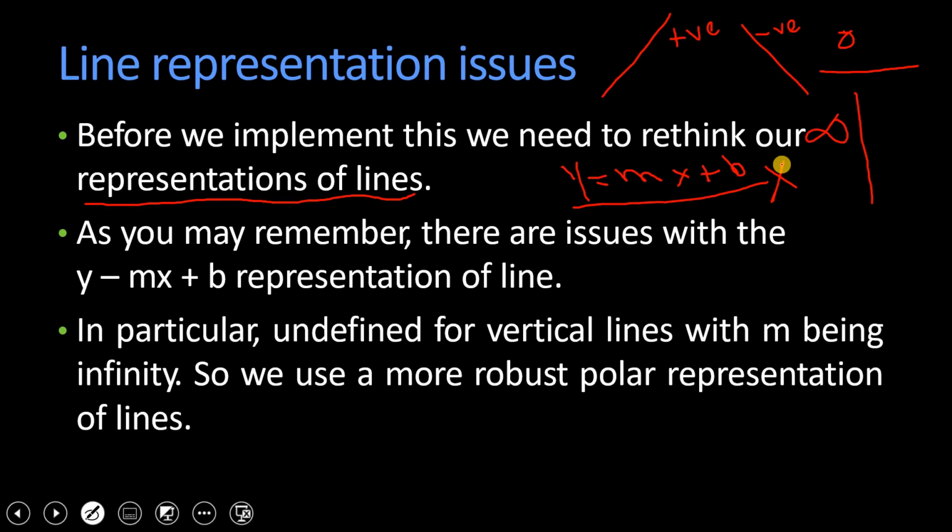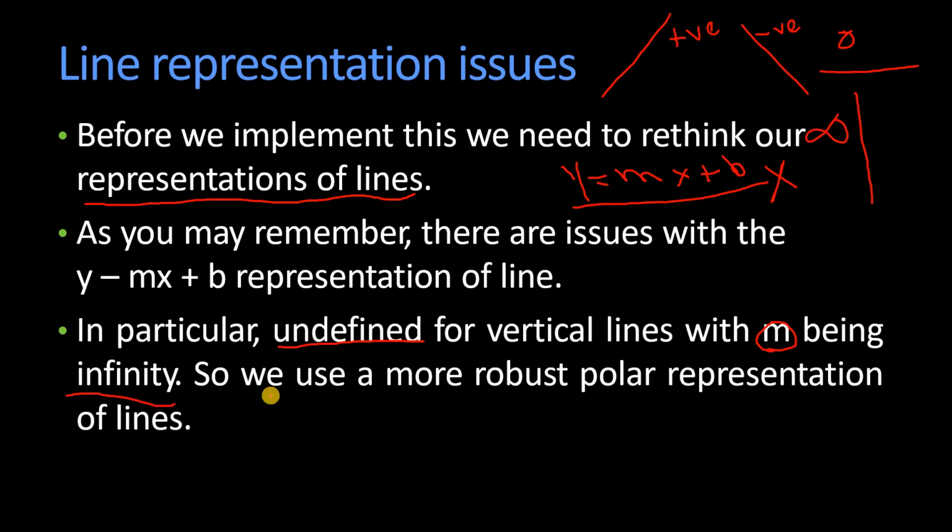This is a very big problem, because we cannot guarantee that in our image the line will never be a vertical line. So such an equation will be undefined for vertical lines because m is infinity.